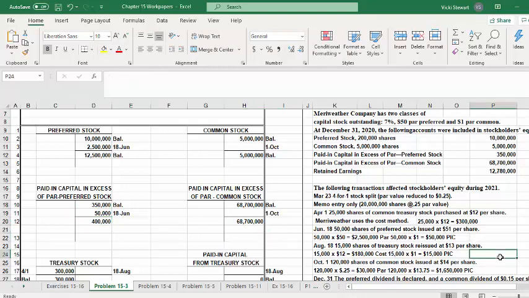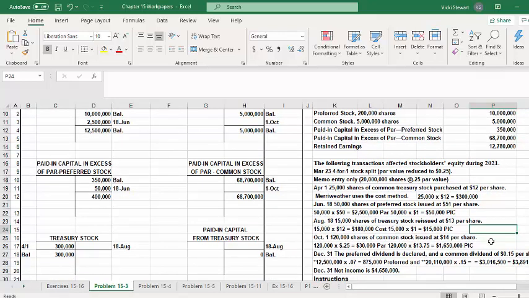The next item states that on August the 18th, 15,000 shares of treasury stock were reissued at $13 per share. So the treasury stock had originally been purchased at $12 per share. So it's being resold for $1 per share more. So the credit to treasury stock would be for the original cost.